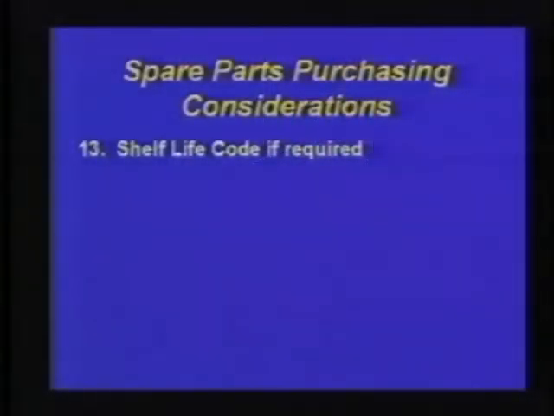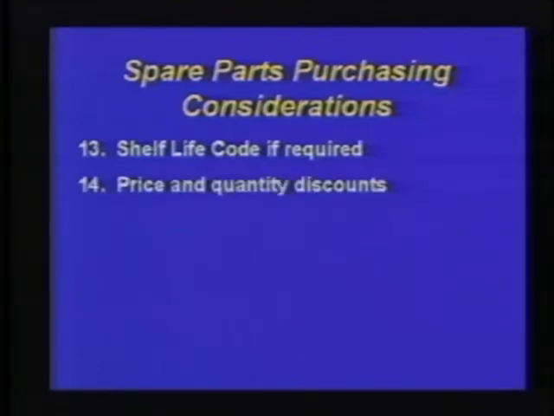We've addressed the shelf life code previously. This is the responsibility of purchasing to place the shelf life code on the original purchase order so that when that item is received by the storeroom, that shelf life coding analysis can be made intelligently. Again, we have to consider the price and quantity discounts if quantity discounts are applicable.